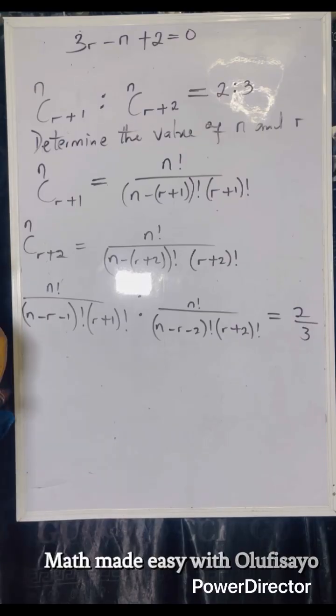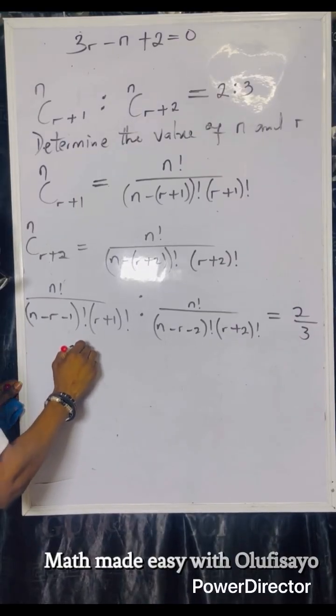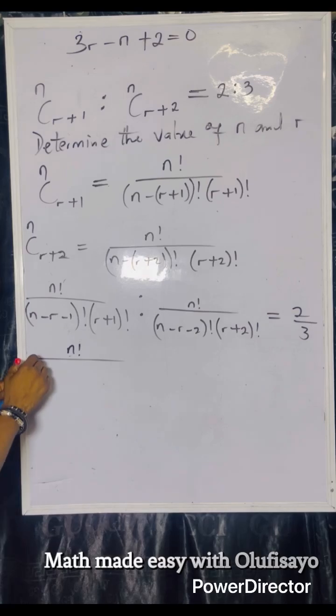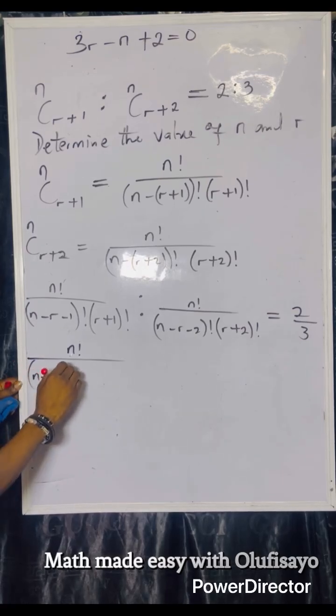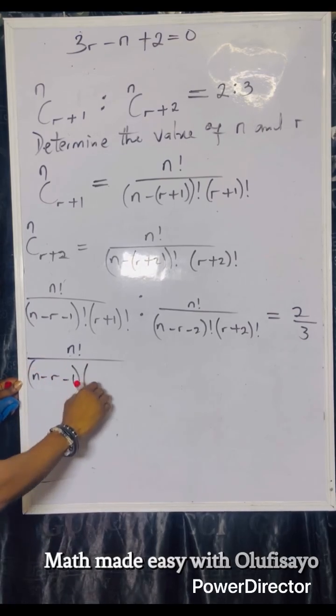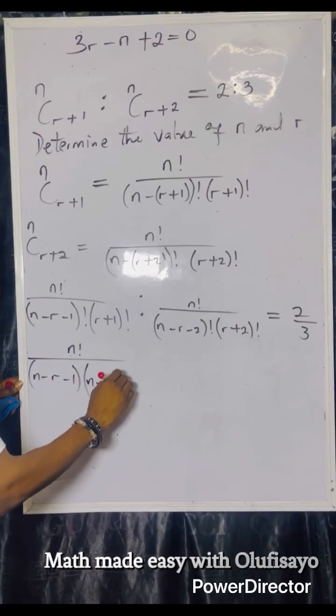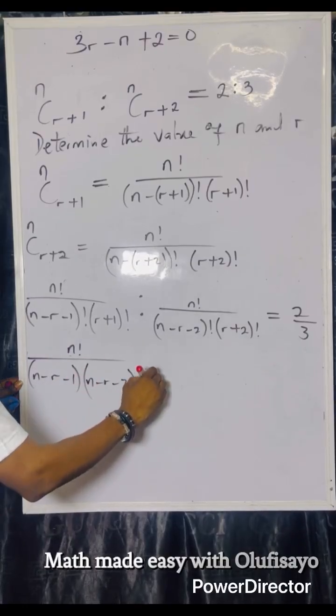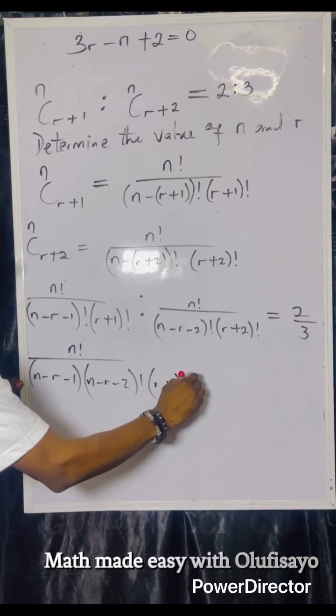Okay, so I have n factorial over (n minus r minus 1) factorial, (n minus r minus 2) factorial, (r plus 1) factorial.